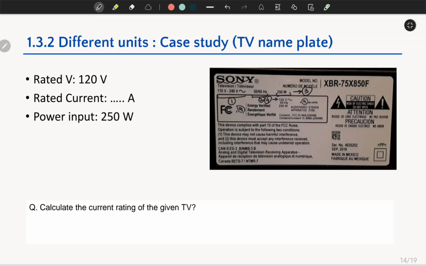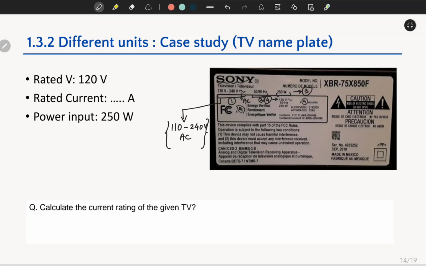Now you need to see here, this sign basically represents AC voltage. So this Sony television will operate satisfactorily between 110 and 240 volt AC.